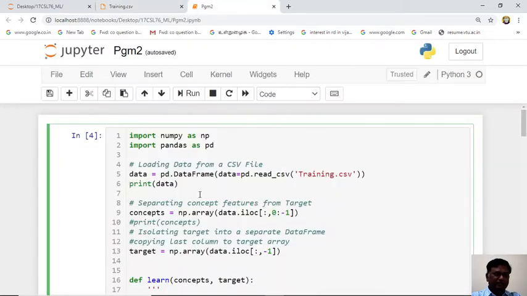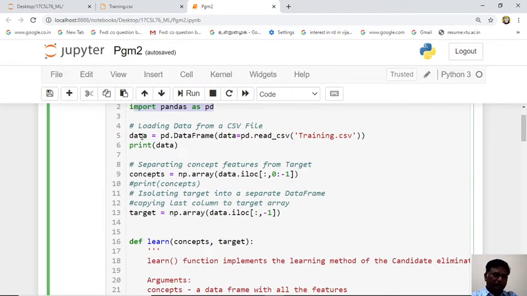Now we will apply the CE algorithm, the candidate elimination algorithm. So we are importing NumPy for numerical calculation, pandas for data frame. Now data is a variable. We are reading our input training CSV file, and it is stored in this data.